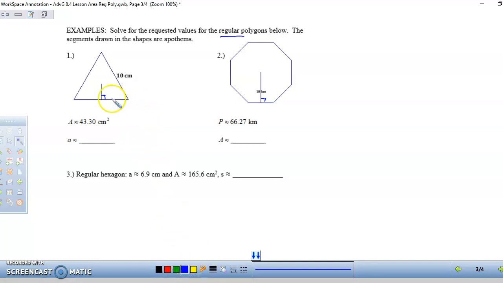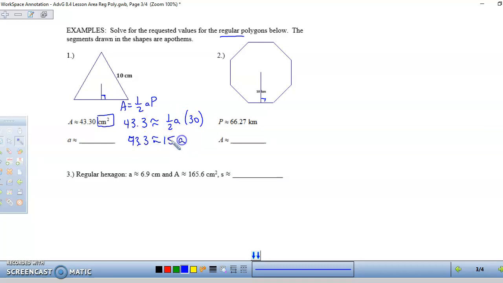Okay, welcome back. So a couple of things. You have a capital A. Notice this is units, so that means this is the area. If you just look at the units, you should know that. But I'm going to use A equals 1/2 AP, right? So I'm going to set up 43.3 and then 1/2. I don't know the apothem, but the perimeter is going to be 30 all the way around the triangle. 1/2 times 30 is 15.